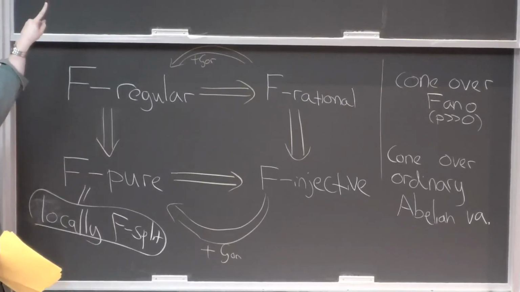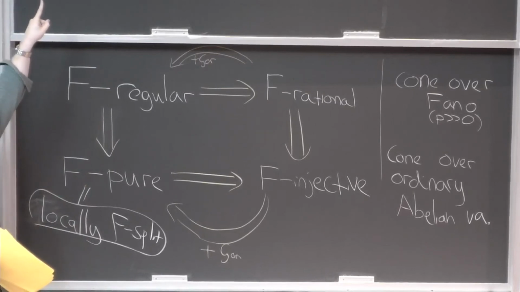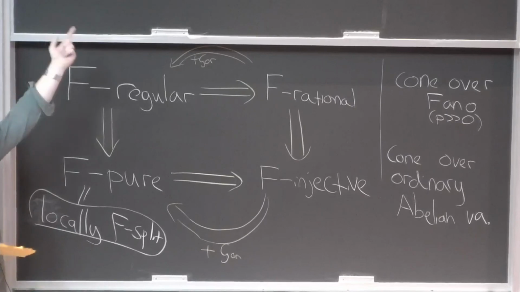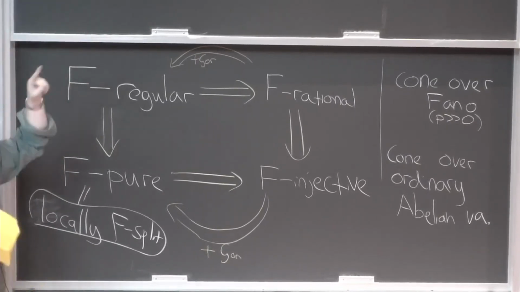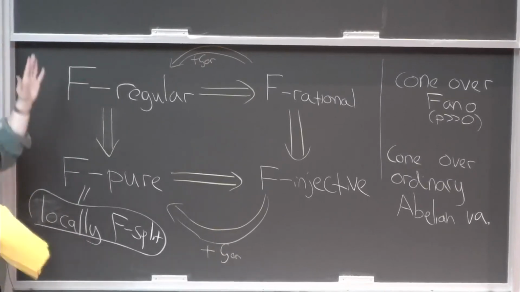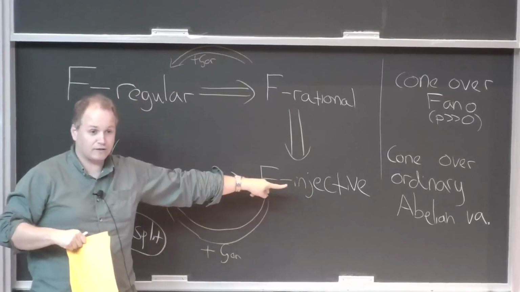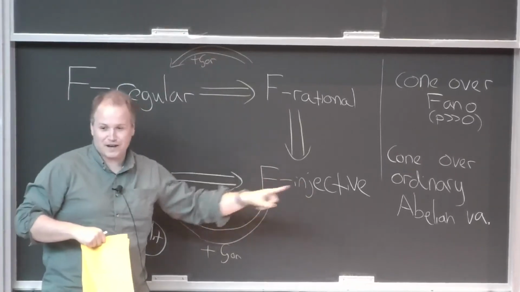Maybe, especially in the Cohen-Macaulay case, we'd like to give a name to that surjectivity of Fe lower star omega h to omega h. That seems like a reasonable thing to do. So that surjectivity, because it's surjective, we give it the very straightforward name of F injective. Okay? So ones that are surjective, we call F injective from here on out.